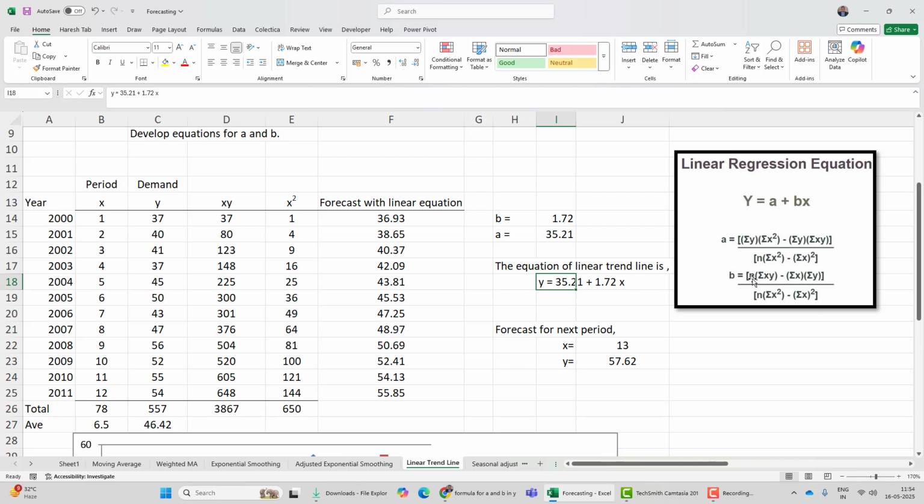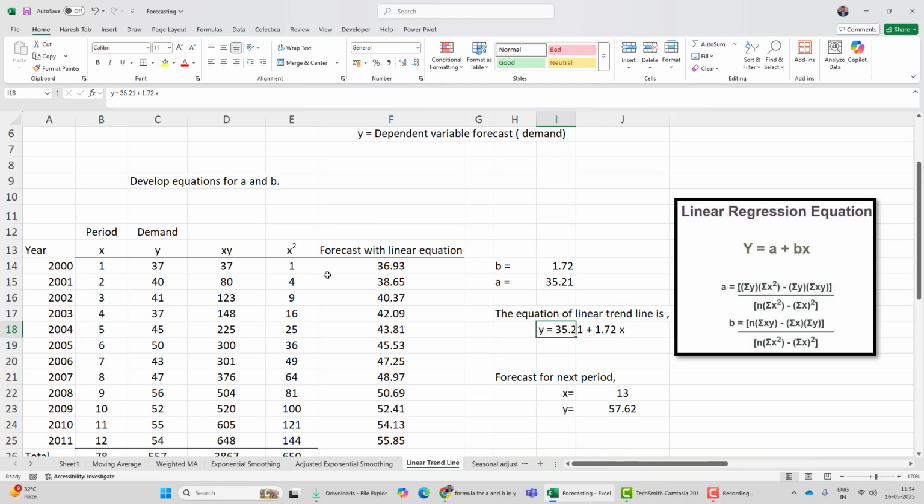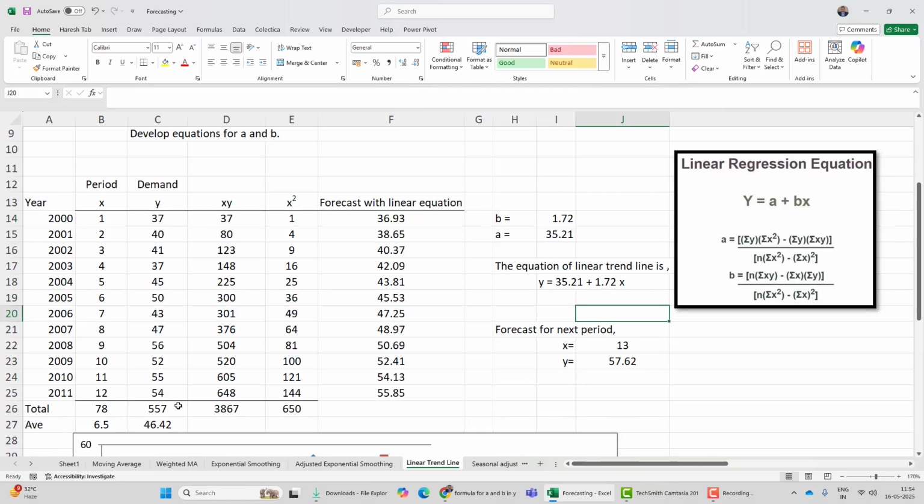Once you get this, you will get the values a and b, and then you will get the equation y equals 35.21 plus 1.72 times x, and for the next period, that is period 13, you can find the forecast.